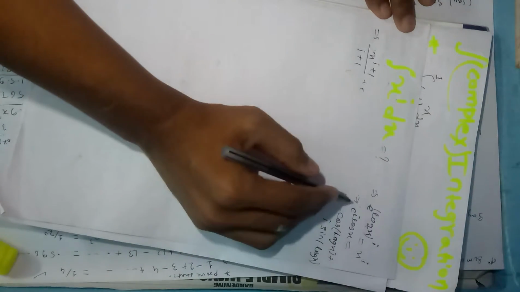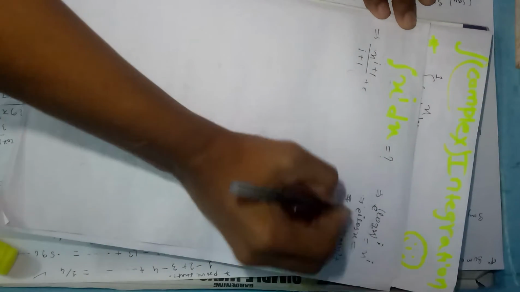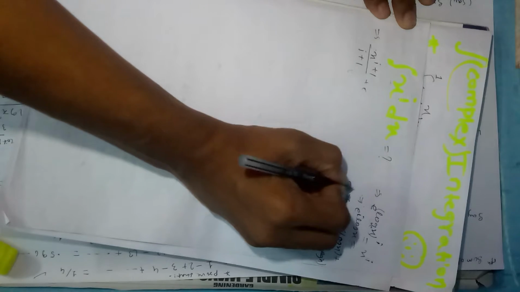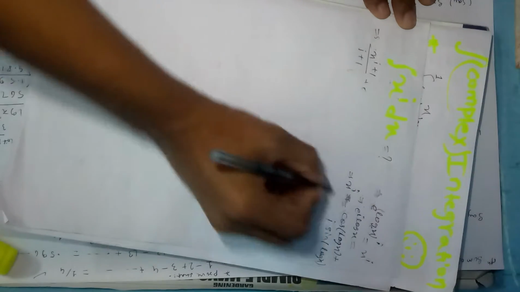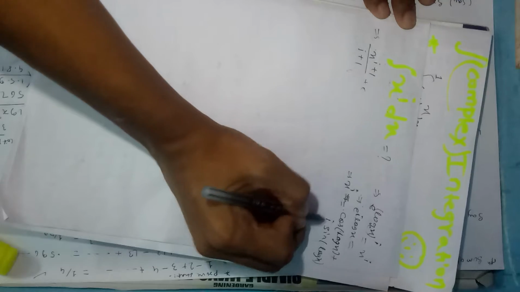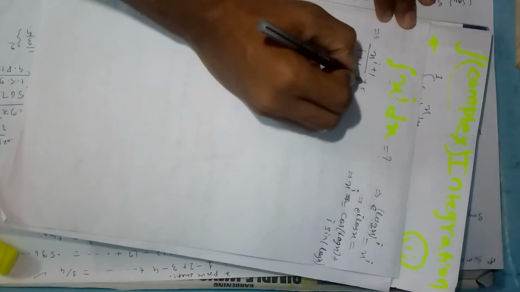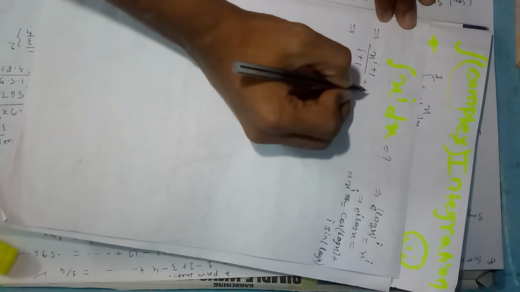So here this value x^i is equal to cos log x plus i sin log x. We can substitute all these values here. We can write x^(i+1) as x^i into x, divided by i plus 1.